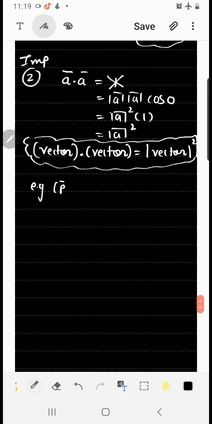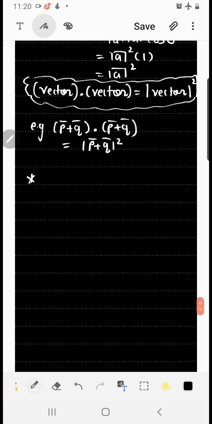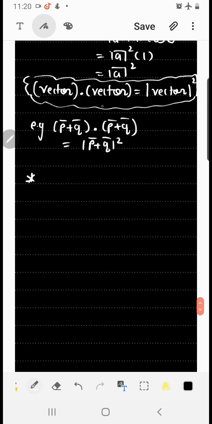Why did I say that? Because in future, if you are given p bar plus q bar dot p bar plus q bar, you will start opening the bracket, but I say no, this can be written as mod of p bar plus q bar whole square. Now this is where you should understand the property application.